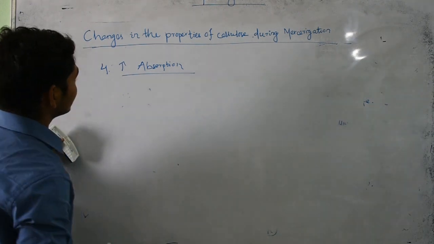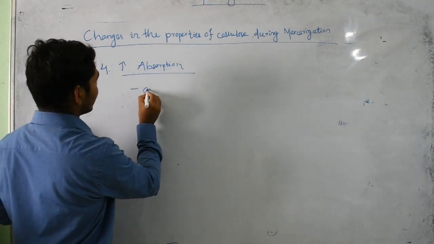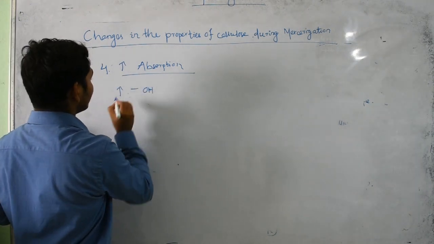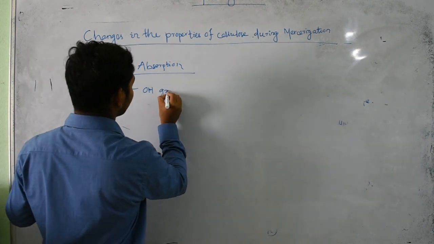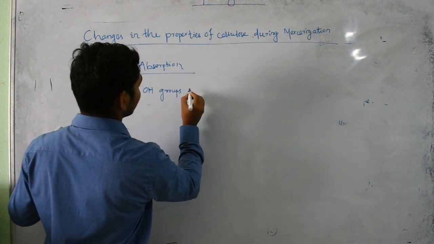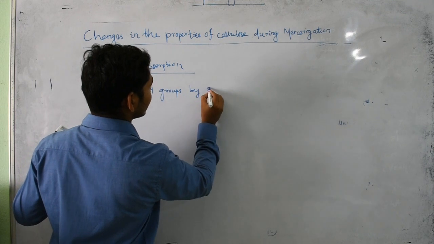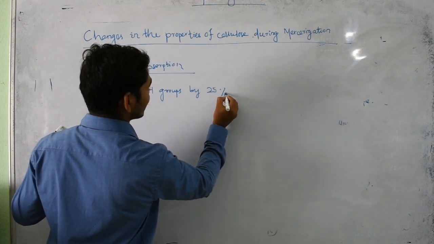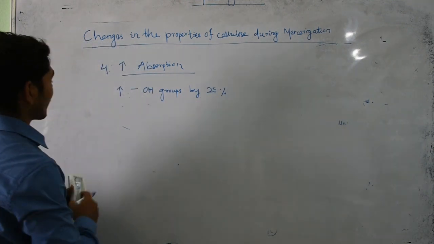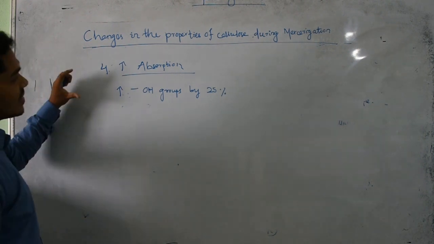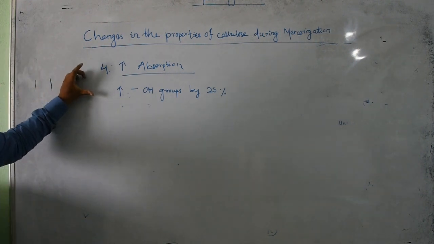This is due to increase in hydroxyl groups by 25% during mercerization. It's the main reason why the absorption takes place.